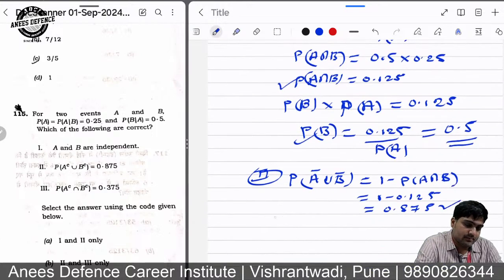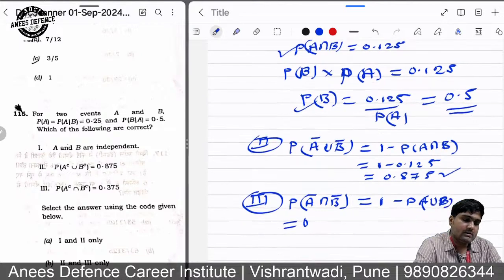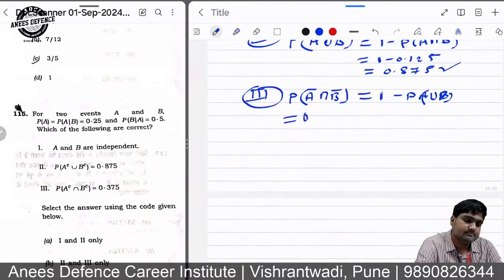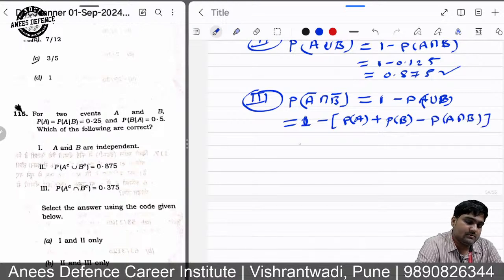Now find the probability of A complement intersection B complement, which is 1 minus probability of A union B. A union B can be written as probability of A plus probability of B minus probability of A intersection B. Now we have all these values.